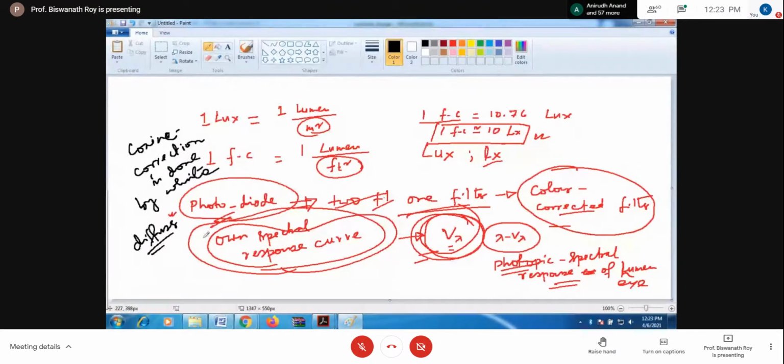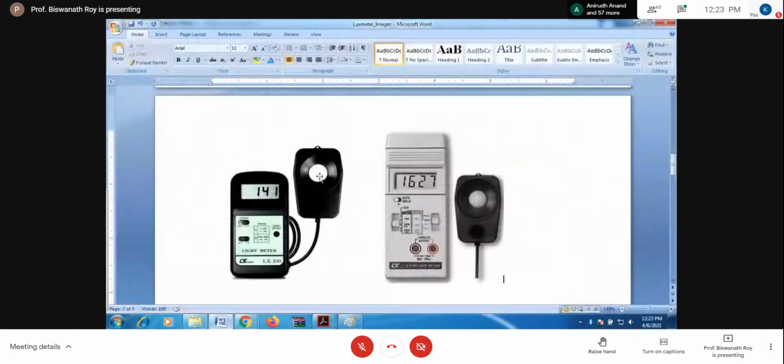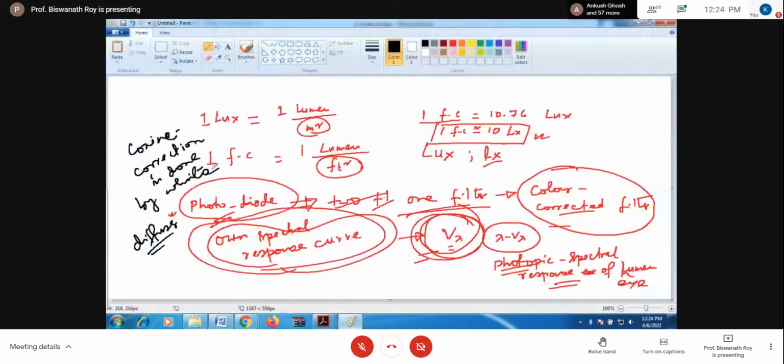So this portion that is visible here is the white diffuser, okay? This is the diffuser actually, oval shape diffuser. The task of the oval shape diffuser is to minimize the error introduced by the incidence of light at higher angle of incidence, right?